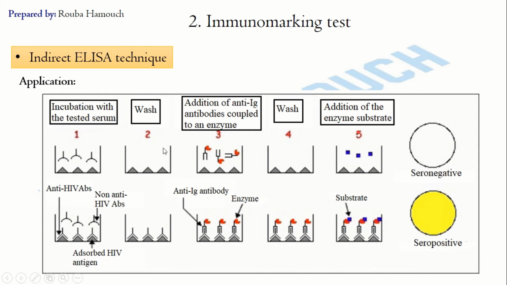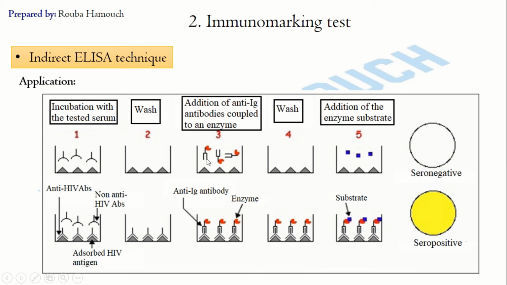So the well does not contain antibodies. So when we add the secondary antibodies which are coupled to the enzyme, they will not bind to any antibody because there are no antibodies found in this serum after wash.